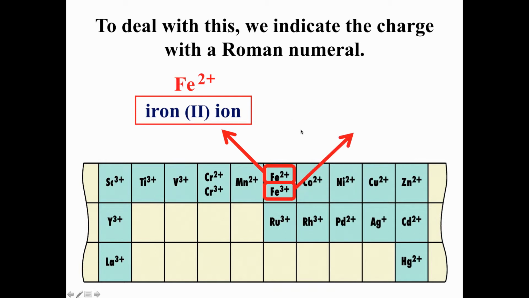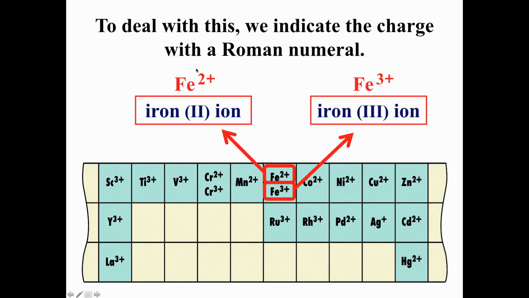So how do we specify the name of an iron 3+ ion? Well, iron 3+ looks like that, and the name is iron Roman numeral 3, where the Roman numeral 3 specifies the charge of the ion.